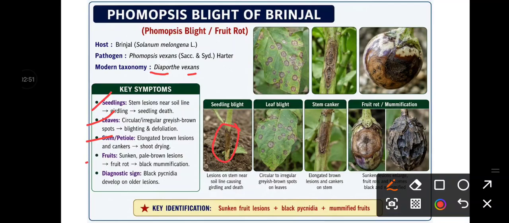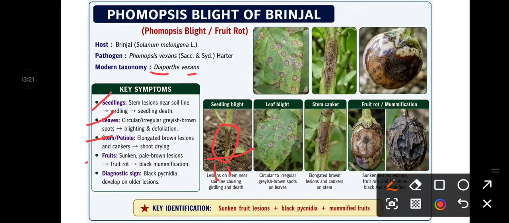Here you can see lesions near the soil line. At the collar region, a brownish lesion forms that later girdles the stem. The stem becomes weak, the seedling falls, and ultimately seedling death occurs. This is at the seedling stage.